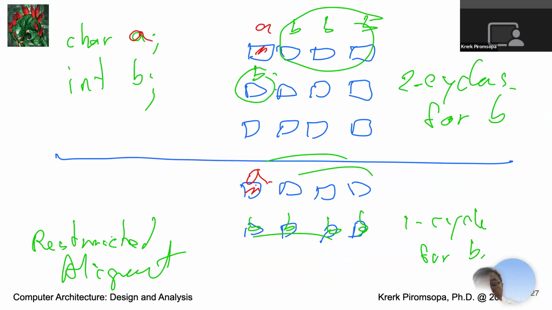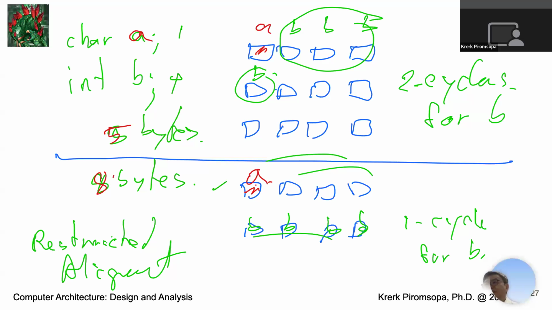Technically, this is 1 byte, this is 4 bytes, so we only need 5 bytes of memory. But with restricted alignment, we have to do the alignment, so this would need 4 bytes of memory. So it's 5 bytes versus 8 bytes, but faster. Am I right?